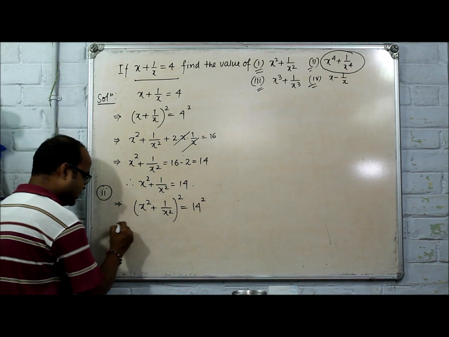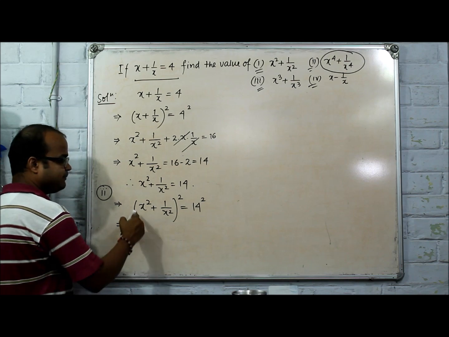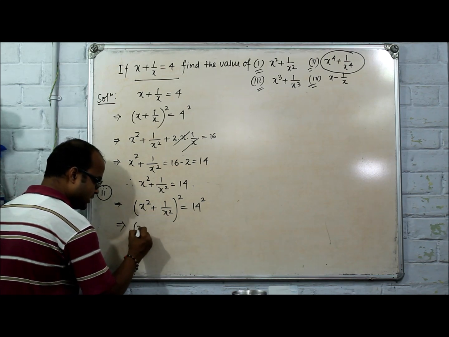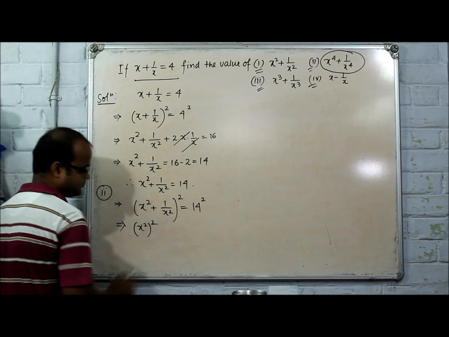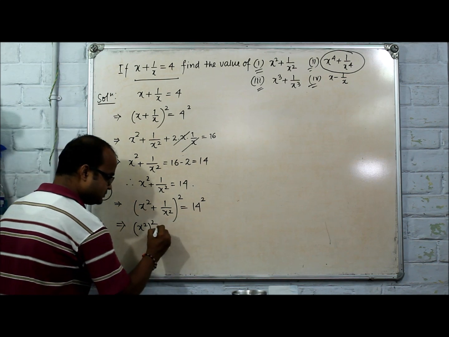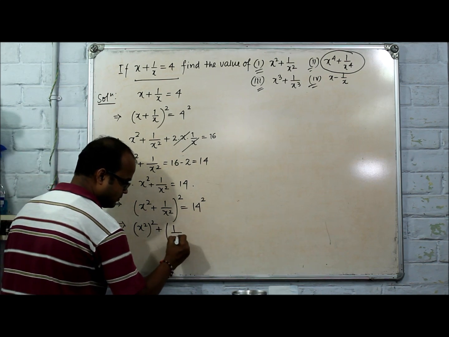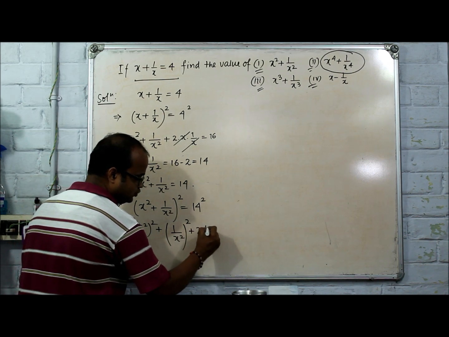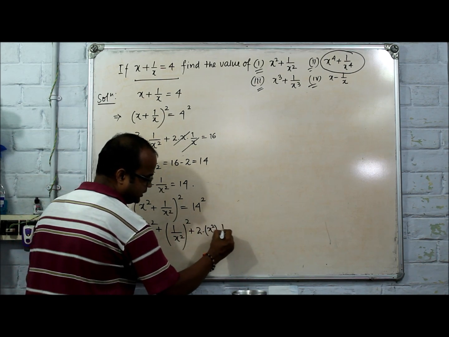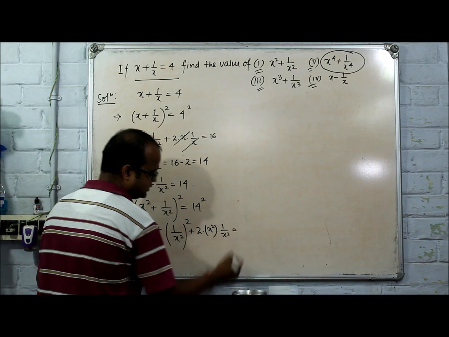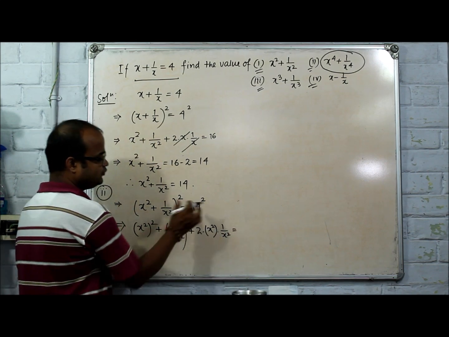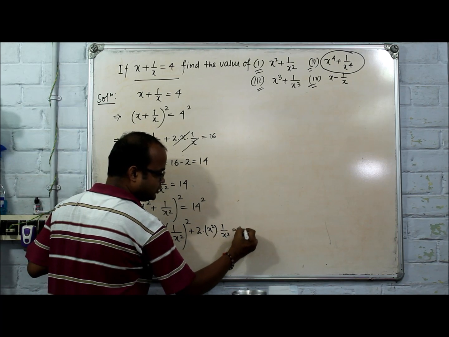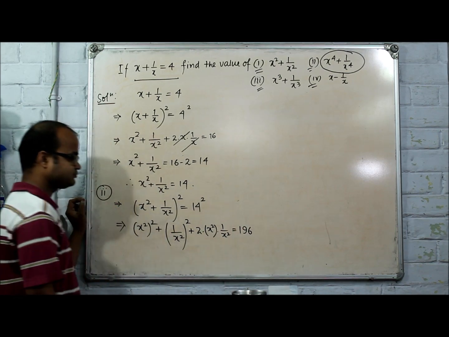Square. So again you are going to apply the formula a square plus b square plus 2 into a into b is equal to 14 square.